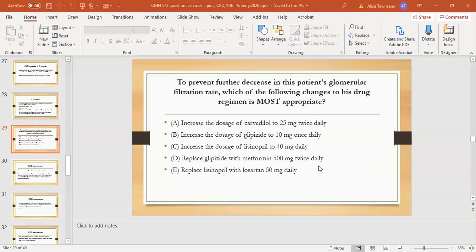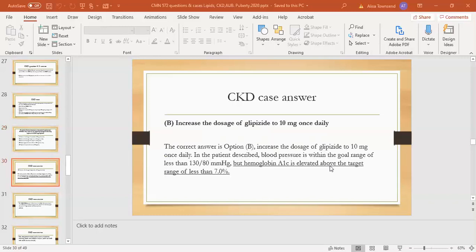Replace glipizide with metformin, or you could have done, yeah. eGFR is that, E. Okay. Probably done that. Okay. We'll do a B.